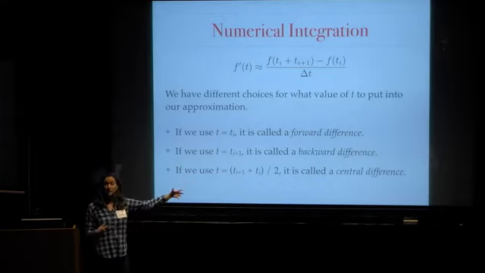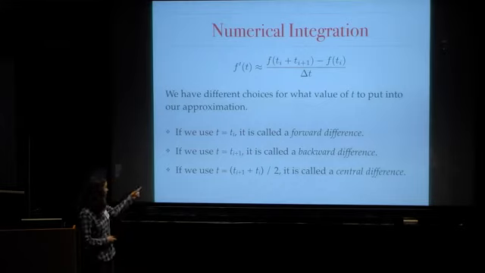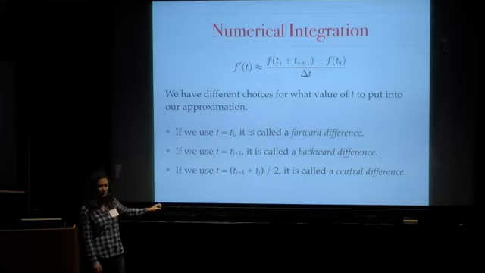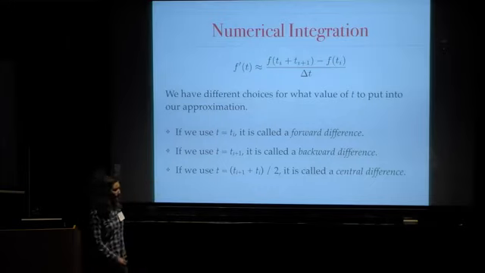We need to know something about the derivative at that next time. Okay, so we call this a backward difference. And we could pick, for example, some centered time, t i plus 1 plus t i over 2, and we would call that a central difference.